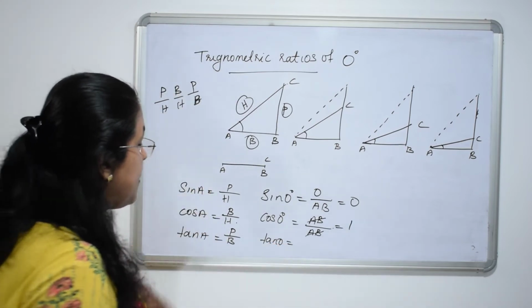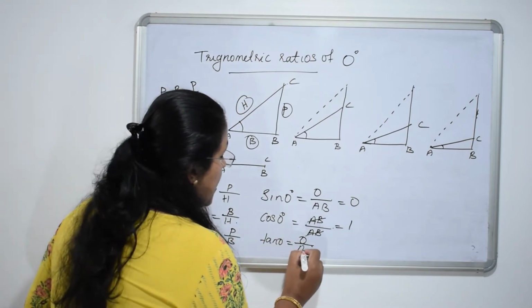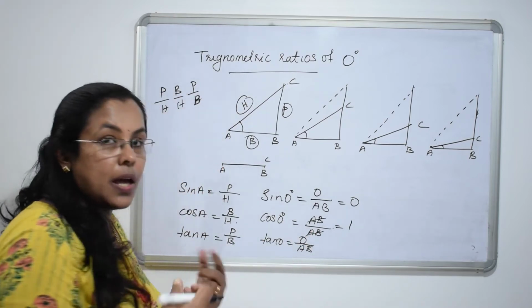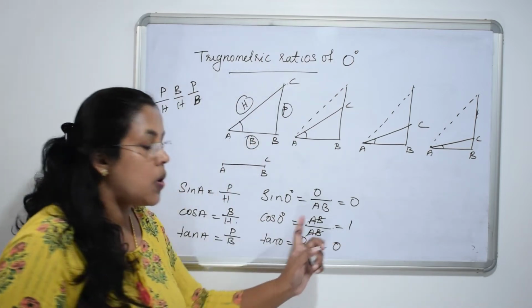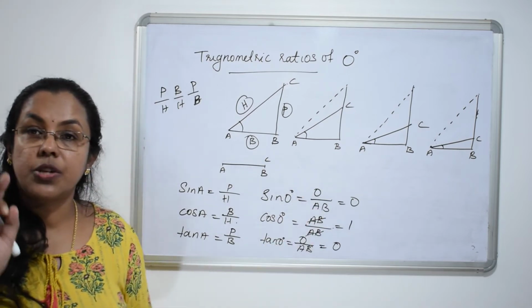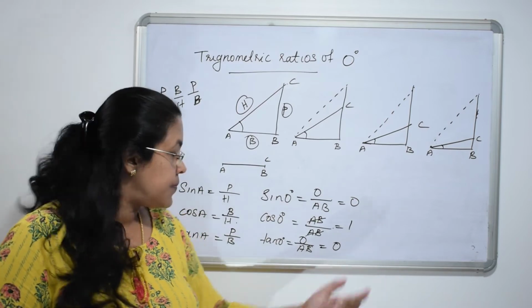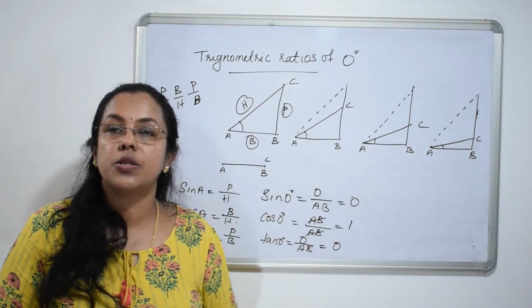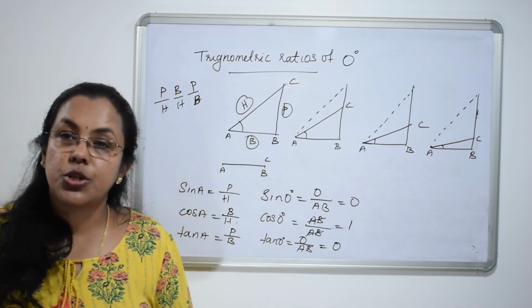In place of perpendicular we can write 0, and base is AB. 0 by any value gives 0. So the value of tan 0 is also equal to 0. So we get all three ratios: sin 0 is 0, cos 0 is 1, and tan 0 is also equal to 0. The rest of the three ratios are the reciprocal ratios.